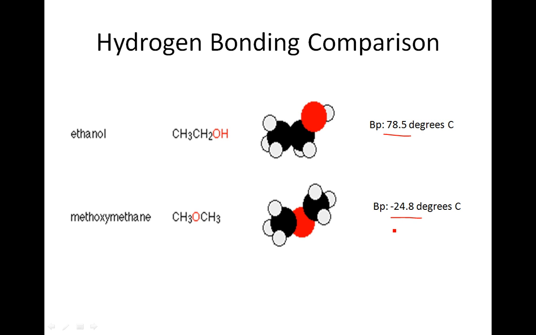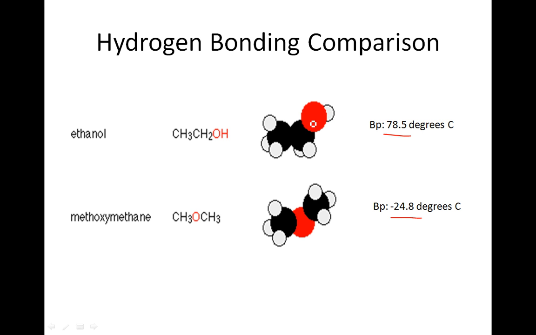But you can see, because of the hydrogen bonding, that's going to cause ethanol to actually be a liquid at room temperature. So ethanol is alcohol, and it's a liquid at room temperature compared to methoxymethane, which is going to be a gas at room temperature, all because of where the hydrogen is bonded.